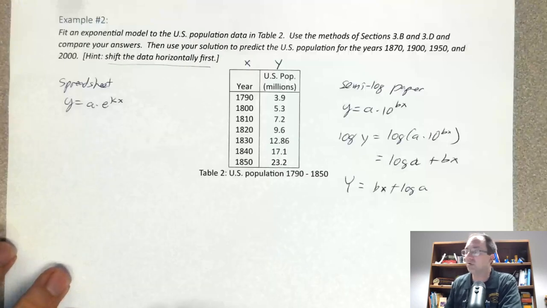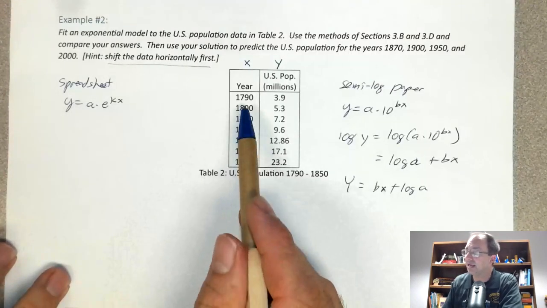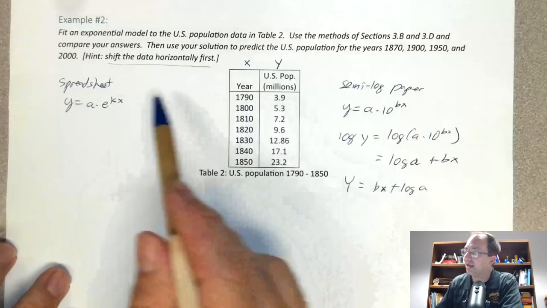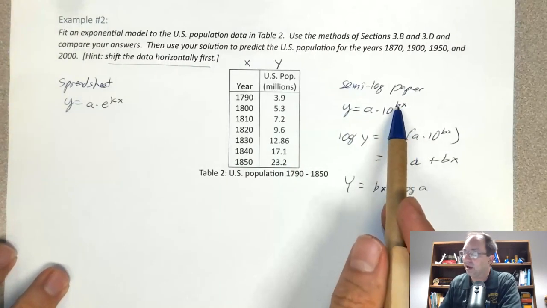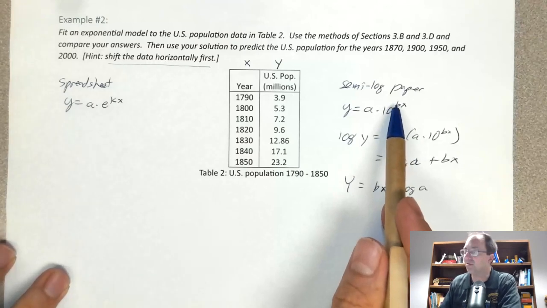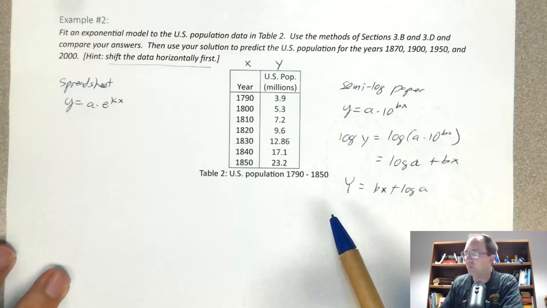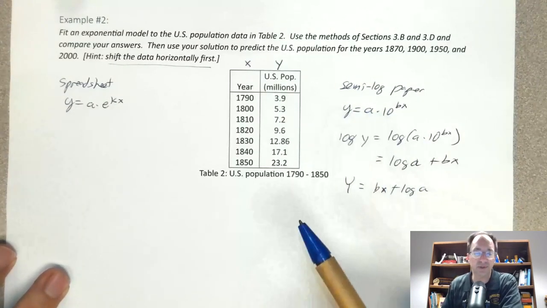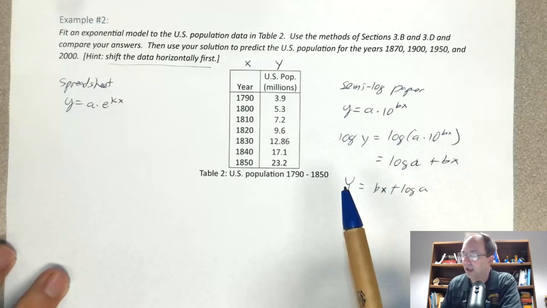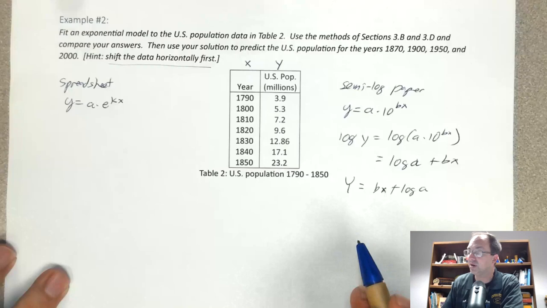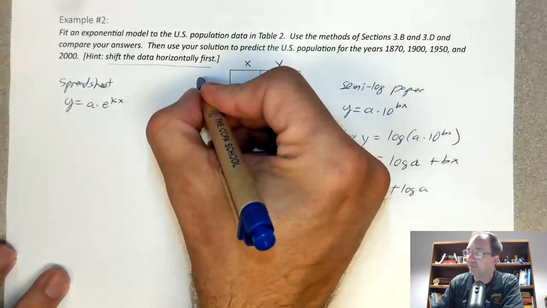It says shift the data horizontally. As we mentioned in our last video, in either case, if I put numbers that are close to 2,000 in this exponent, to make this model work, we're going to have to get a really small number for the coefficient. So one way or the other, it's probably going to be an unwieldy model, and we can save ourselves some trouble by transforming it.